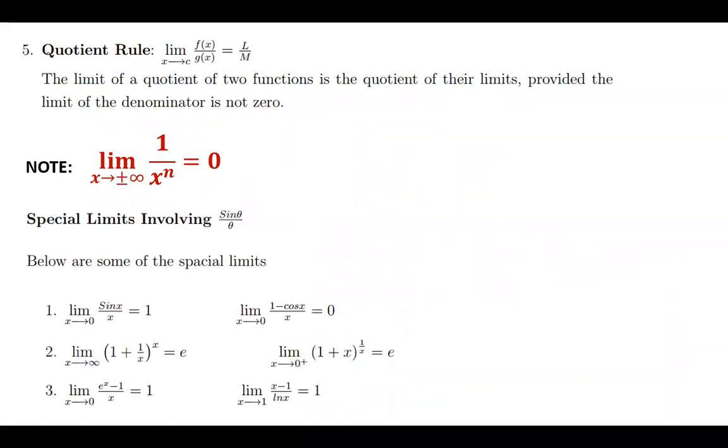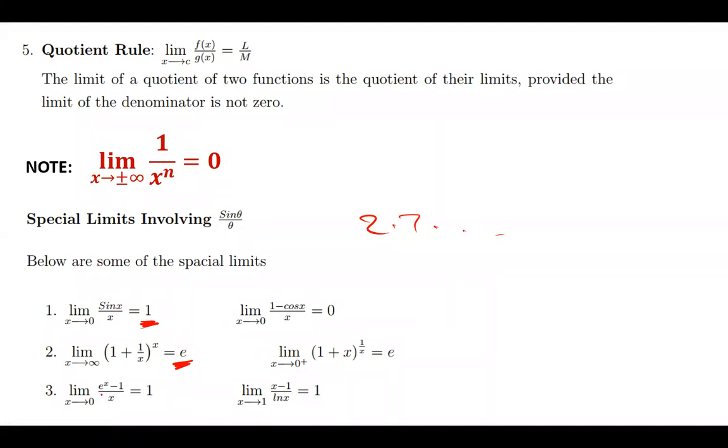All right, so we also have these special limits here, which you need to master. The limit of sin x over x when x is approaching 0, the answer is just 1. The limit of 1 plus 1 over x to the power x when x is approaching infinity, the answer is just e, which is about 2.7 something.